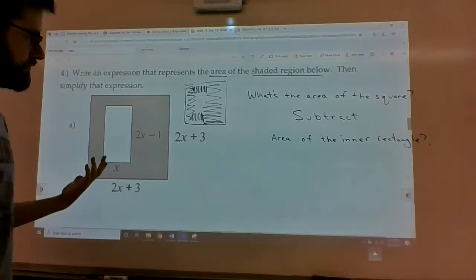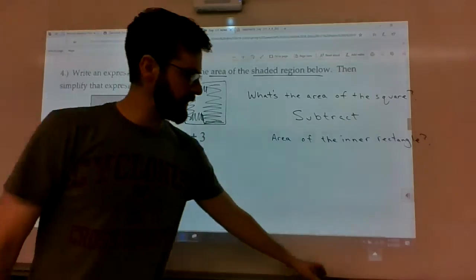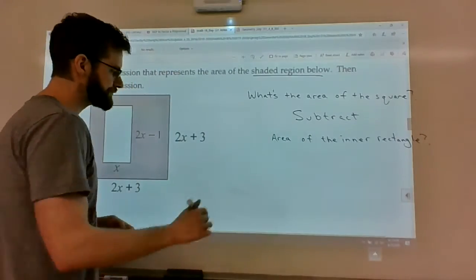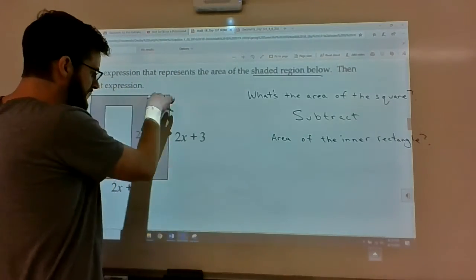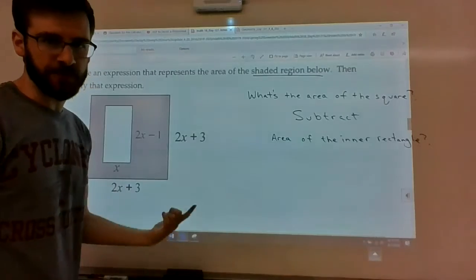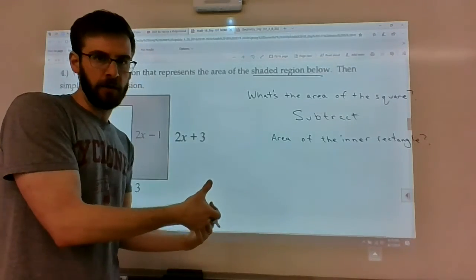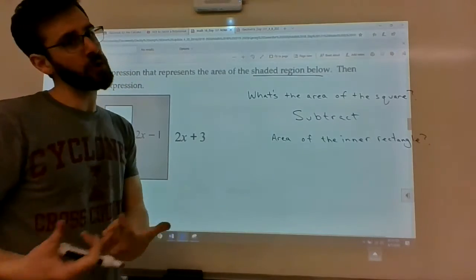Okay, so do we remember basic area formulas? Well, any rectangle has an area of length times width. So a square is in the rectangle family. All right, so a square is a rectangle.